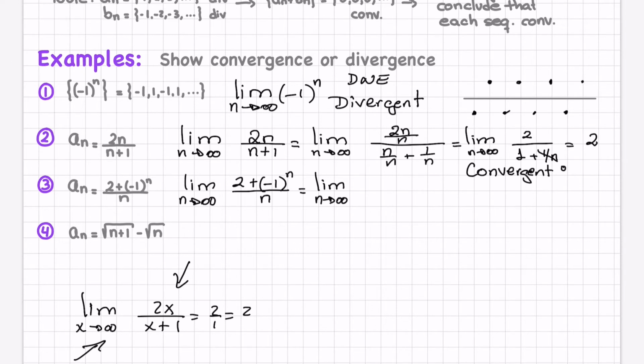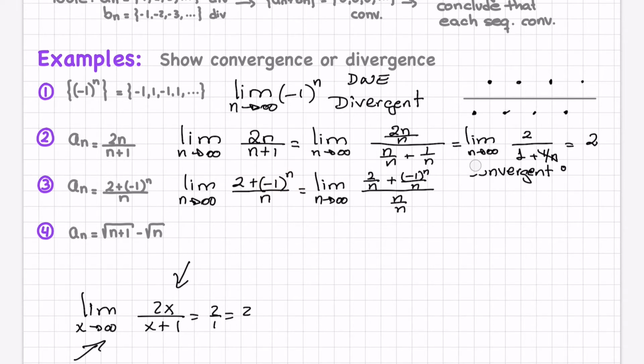Divide everywhere by n. So you would have 2 over n plus (-1)^n over n, over 1. Why do I do that? Because it's a technique that you can apply anytime you wish. Why did I do it here? Well, because I know that if I divide this by n, I get a 1 down here, I get a 0 here, and I will just be left with this guy here to analyze. That's why I did it.